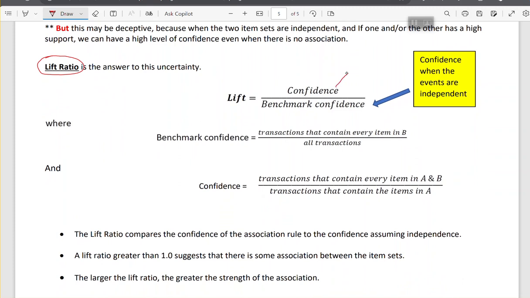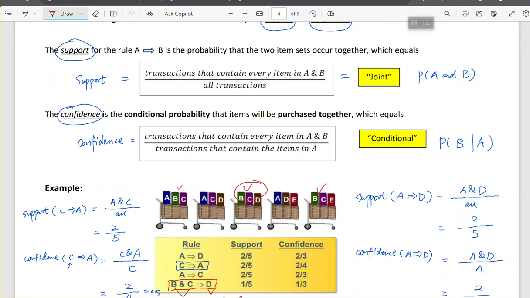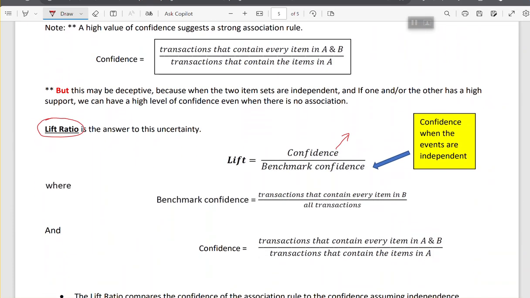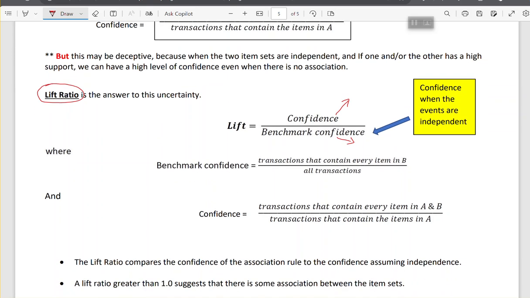This confidence is still the same confidence we calculated before: if you buy A, how much chance is there that you will also buy B. And then we create another confidence we call the benchmark confidence. What is the benchmark confidence? It is the confidence when we assume these two item sets are totally independent.